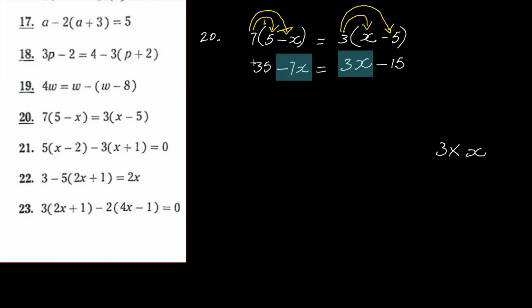Tarisha, could you tell me what to write in terms of the x's? I did not move -7x, so it remains the same. All I'm doing is moving the 3x. So what would the 3x be? Would it be positive or negative?